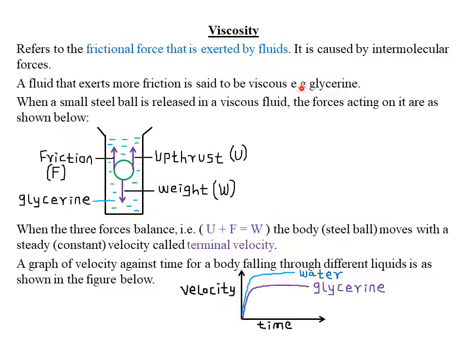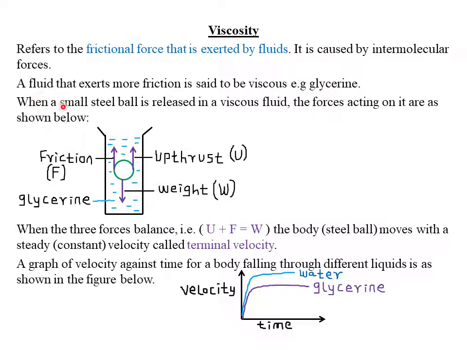So substances that flow easily on a surface are said to be less viscous, for example, water, and the intermolecular or cohesive forces between the particles are weak. However, substances that, when allowed to flow on a surface, flow by a very small margin are said to be highly viscous. For example, we have porridge and glycerin, and for such substances, the cohesive forces between their molecules are very high.